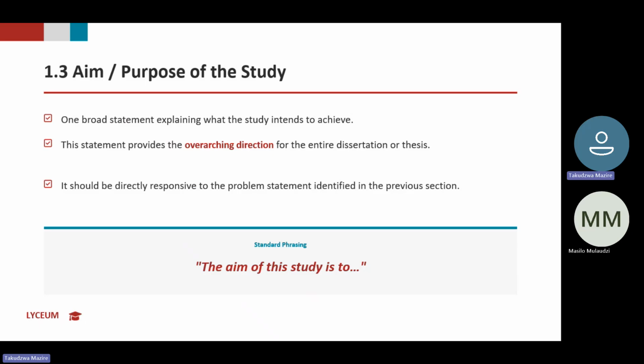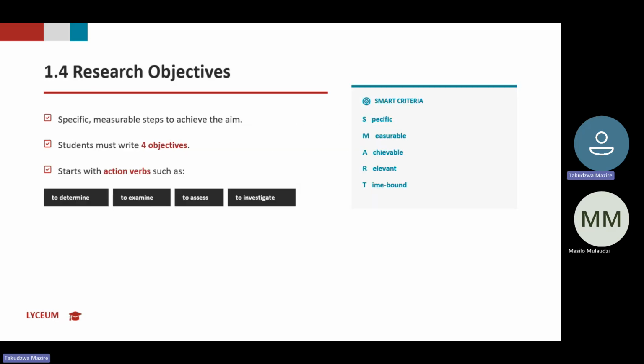Or, the purpose of this study is to X or Y. Now, with our aim or purpose established, it has now to be broken down into more specific and, I think, actionable steps in a more palatable way, basically.